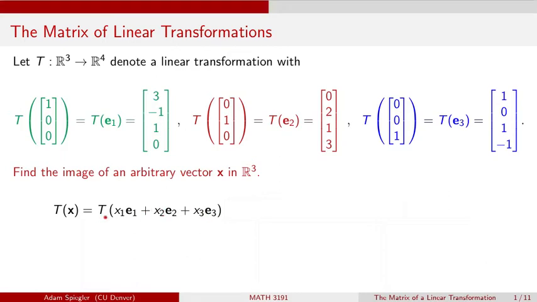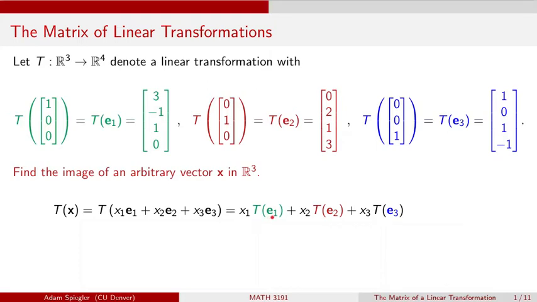And now we know that T is a linear transformation. So recall, that means we can break up addition from inside of this map, and we can also pull out the scalar multiple. These x's are just denoting scalars. So from the two properties of a linear transformation that we know T satisfies, we can break up the addition and pull out the scalar multiples, and we get the following form here.